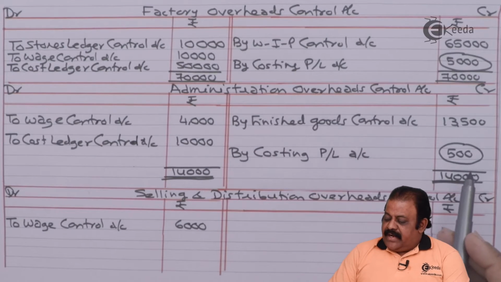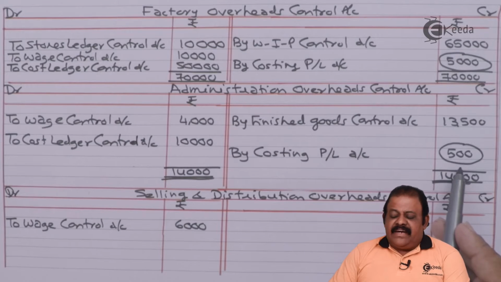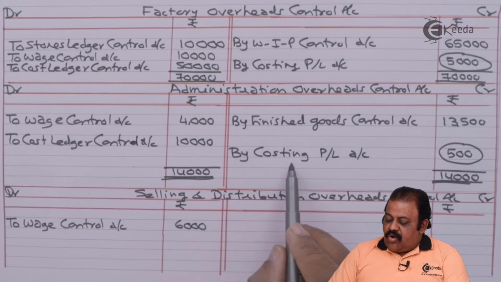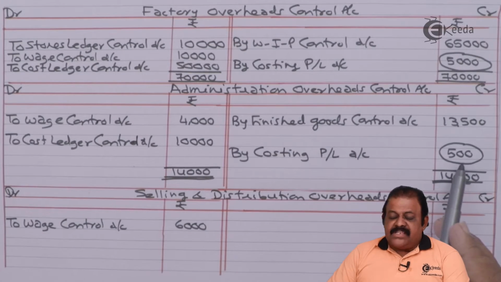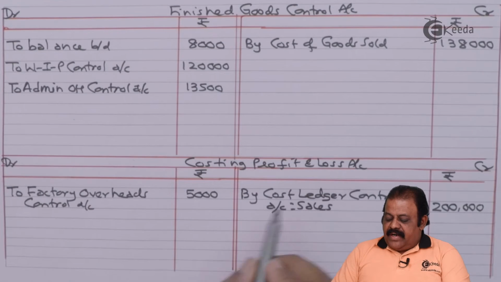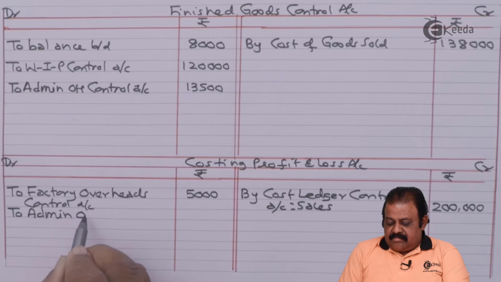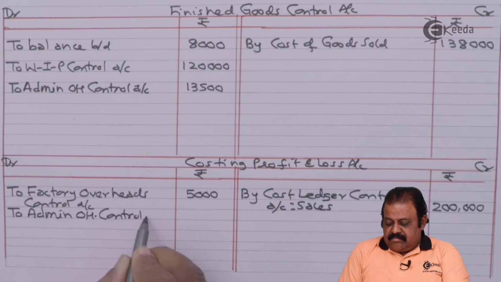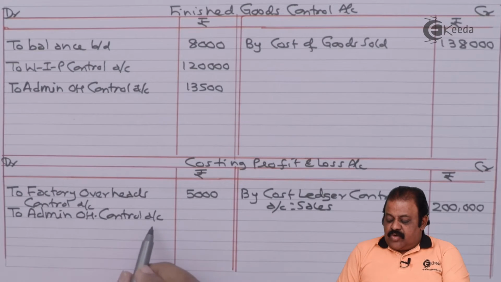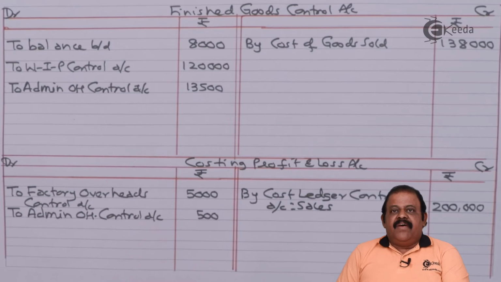Administration overheads, we are getting balancing figure on credit side. It will be transferred to costing profit and loss account, rupees 500. Costing profit and loss account debit side, to administration overheads control account, 500.